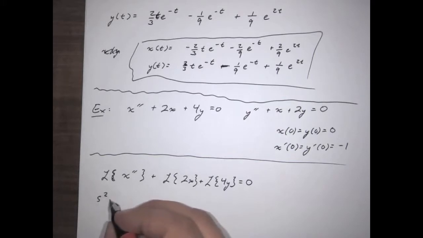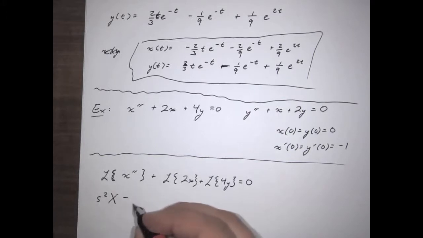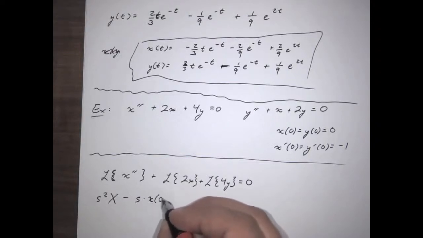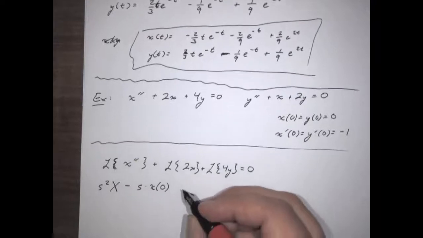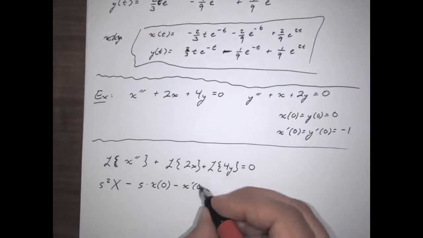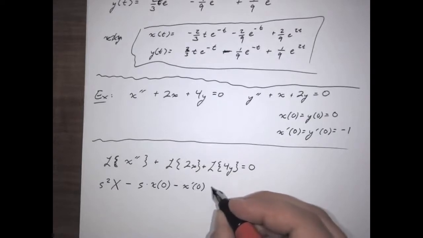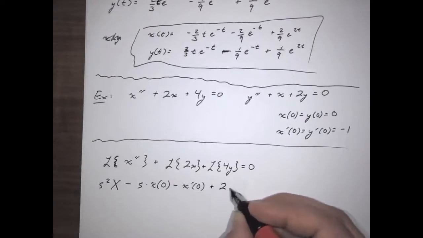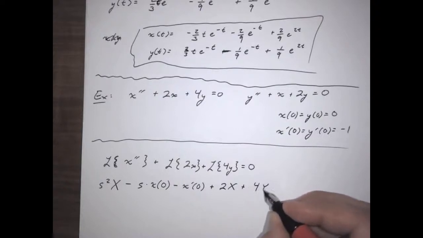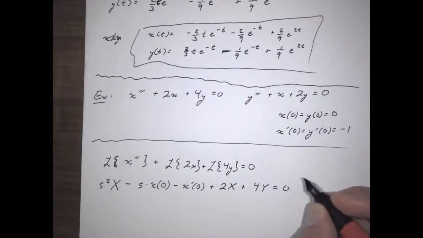So it's going to be s squared times capital X minus s times x of 0 minus x prime of 0, and then plus 2 times X plus 4 times Y equals 0.